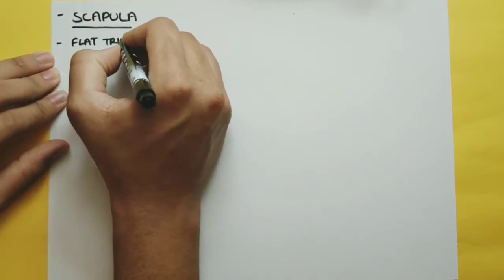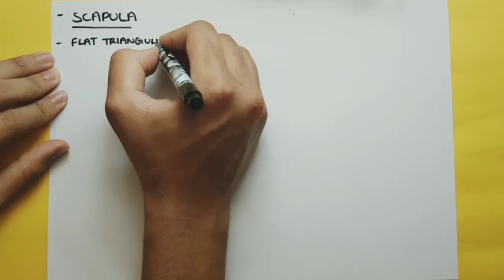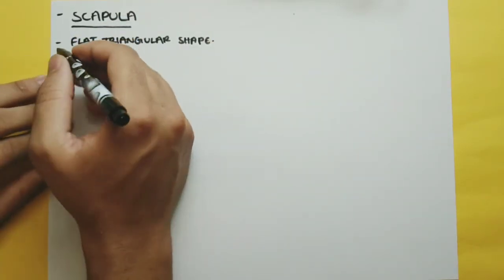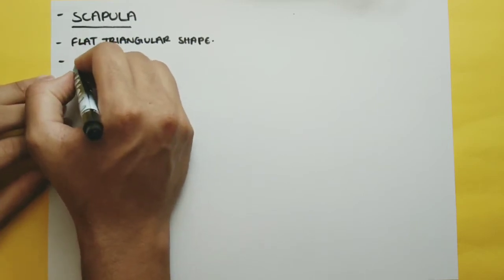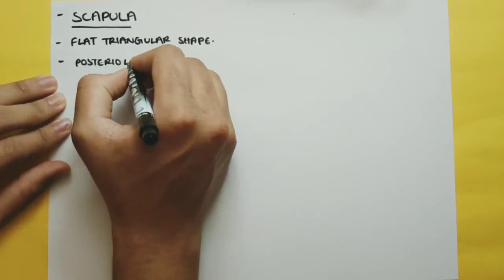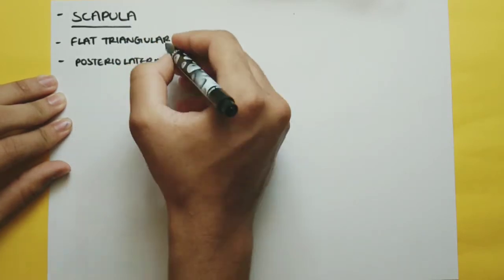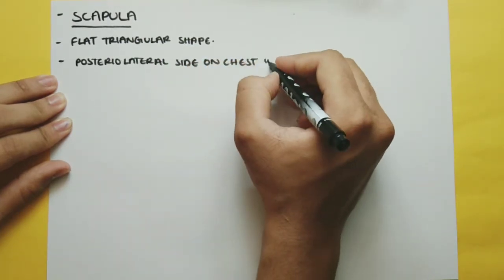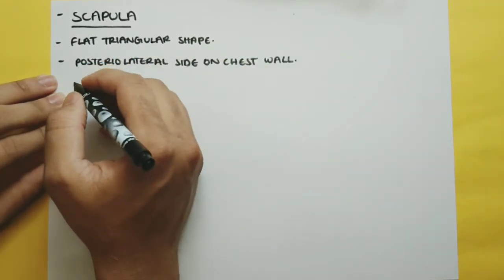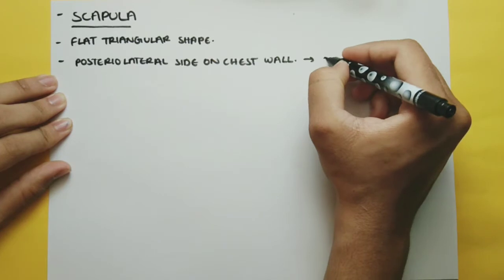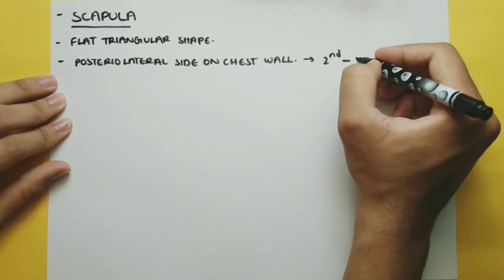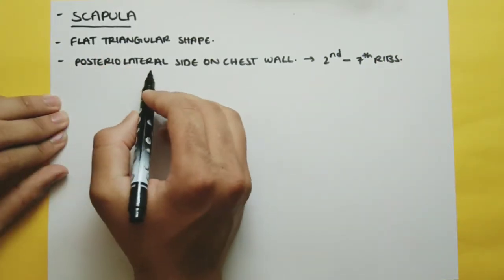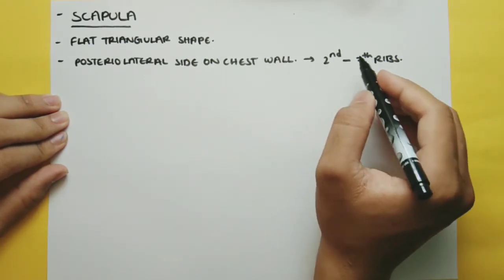It is located on the posterior lateral side of the chest wall, from 2nd to 7th ribs.